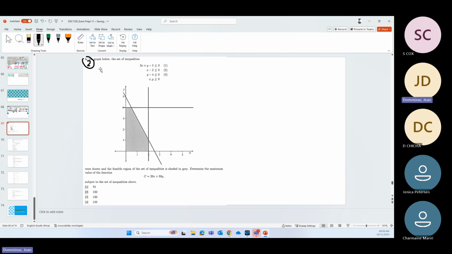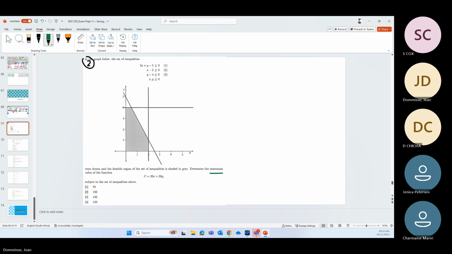So in this graph, they give us the inequalities. And then they say, okay, the set of inequalities were drawn, and the feasible region of inequalities is that graded area. Determine the maximum value of the function.